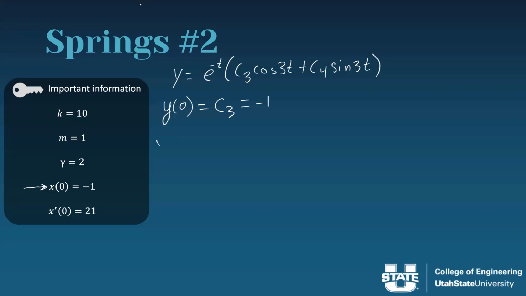So we're going to take the derivative. Once again, our good friend, the product rule, needs to step in. And when we do this, we get a minus C3 sine. Oh, we pick up a 3 out front too.